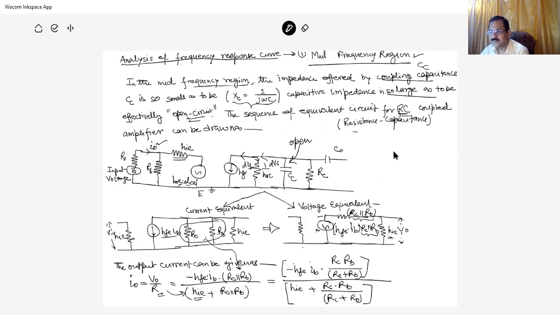Then hie is the input impedance, and this is RC into RB upon RC plus RB, the parallel combination of these two resistances.